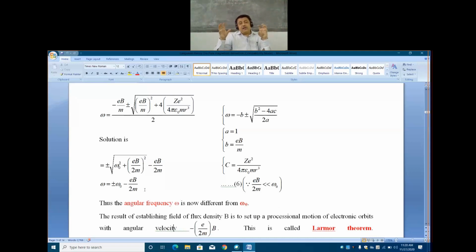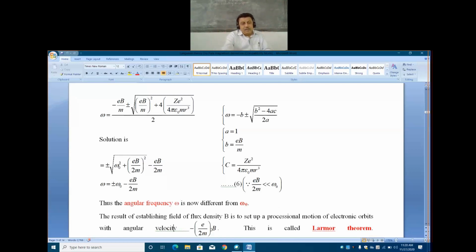So omega and omega naught differ by a factor eB by 2m. So this is very interesting. This factor, minus eB by 2m, is known as the Larmor frequency. So omega and omega naught are changed by a factor of minus eB by 2m.